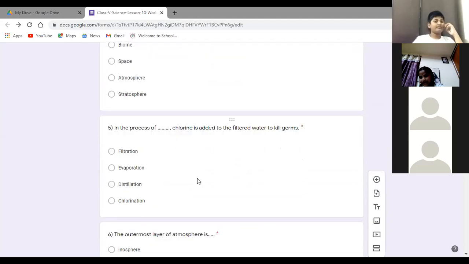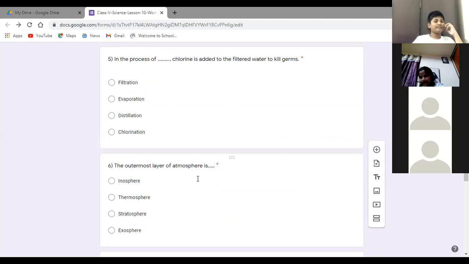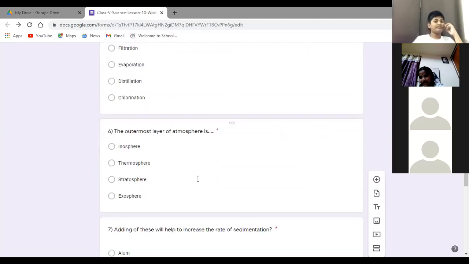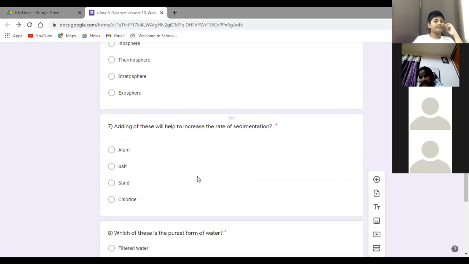In the process of dash, chlorine is added to the filtered water to kill germs. Filtration, evaporation, distillation, chlorination. The outermost layer of the atmosphere is ionosphere, thermosphere, stratosphere, exosphere. Adding of these will increase the rate of sedimentation. Alum, salt, sand, chlorine.